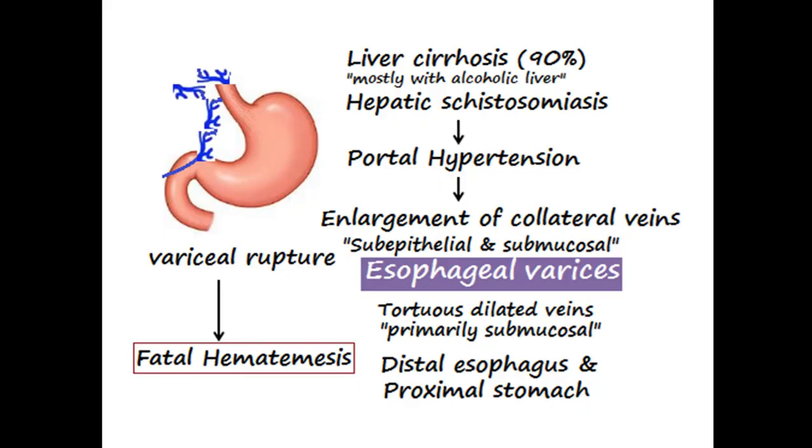Now, simply, liver cirrhosis is the major cause of portal hypertension. But if we see globally, the parasitic infection by the schistosoma that can infect the liver, known as hepatic schistosomiasis, is also the most common cause globally of portal hypertension.